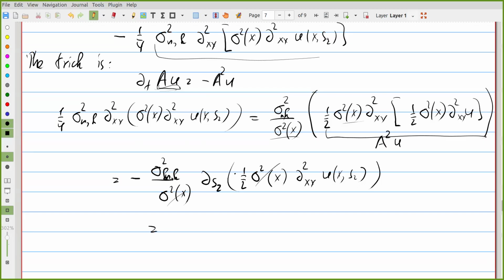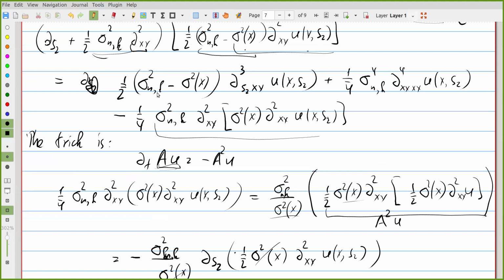Now this cancels, and we get minus 1/2 η_nk, and again the mixed derivative ∂²_xx u_x(s2). Now this part cancels with this part.